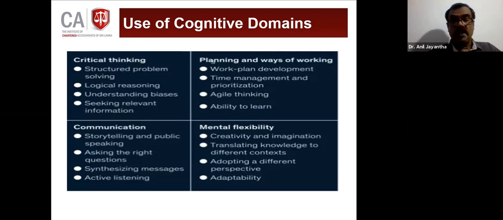Understanding the biases. So what does it mean? In learning now, it's very hard for us to say that there are things which are independent. Actually, things are biased, but we do not know they are biased, right? So they are subjective to some extent.